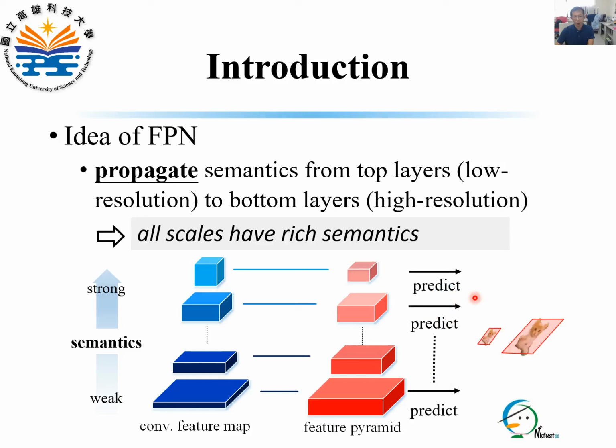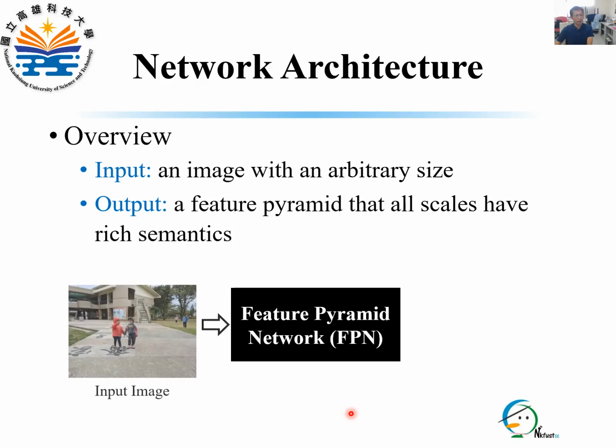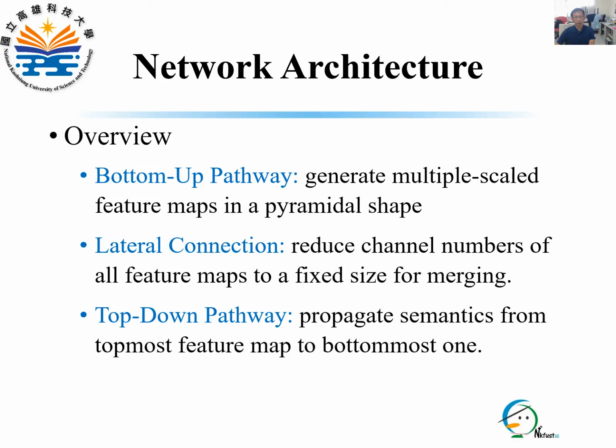Next, we talk about network architecture of FPN. The input of the FPN is an image with an arbitrary size. The output of the FPN is a feature pyramid composed of multi-scaled layers that are all with rich semantics. The proposed FPN consists of three components, including bottom-up pathway, lateral connection, and the top-down pathway.